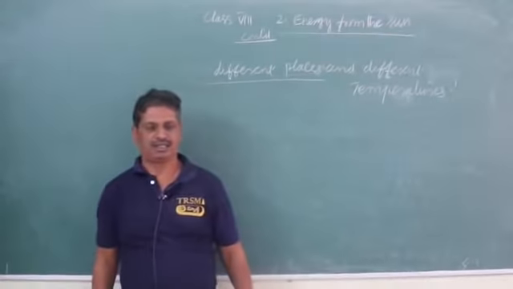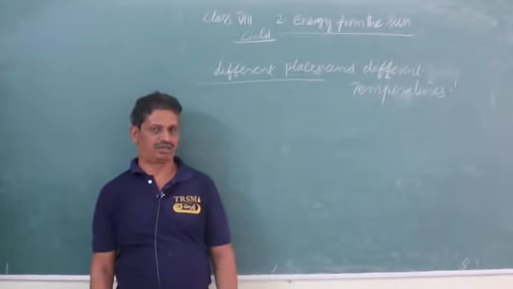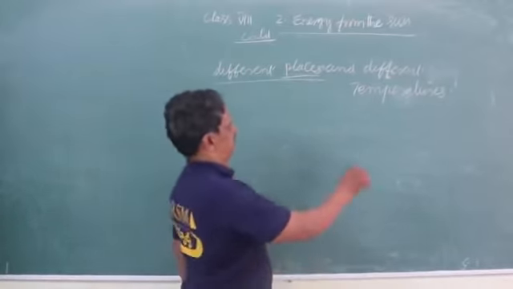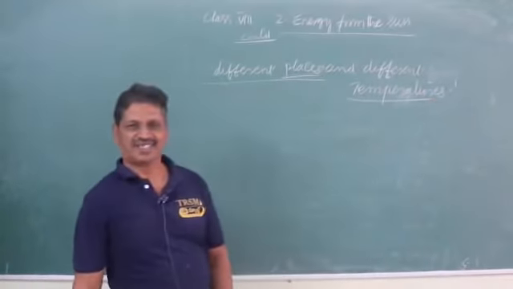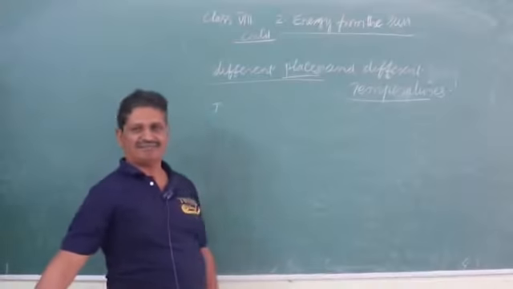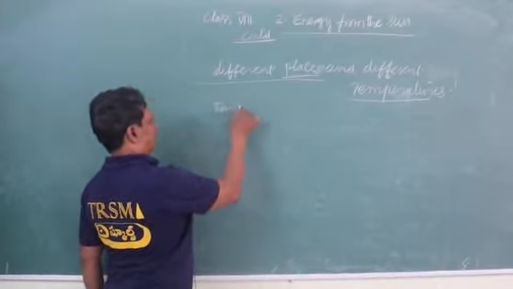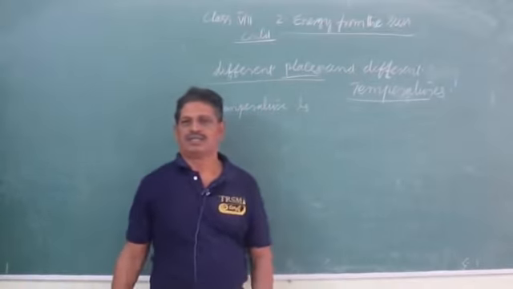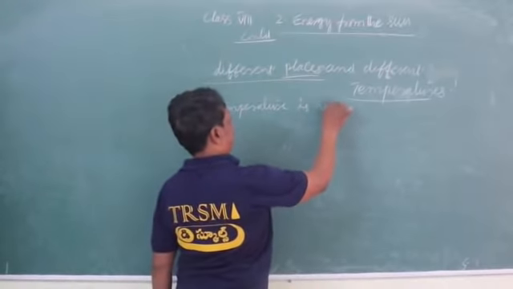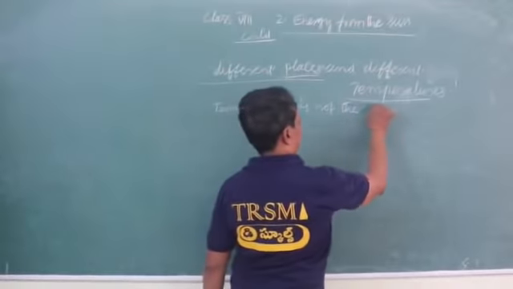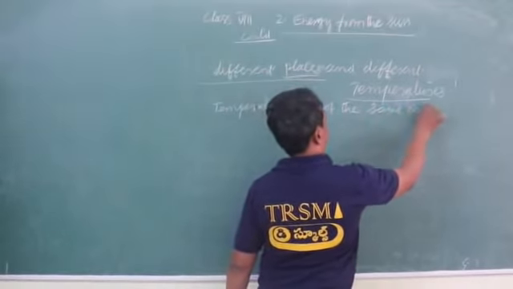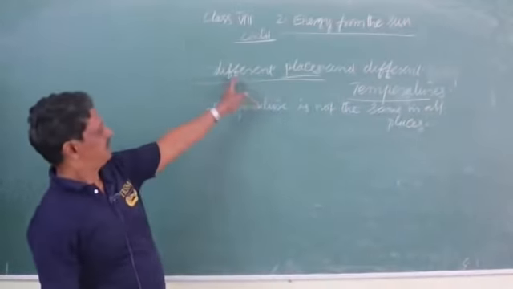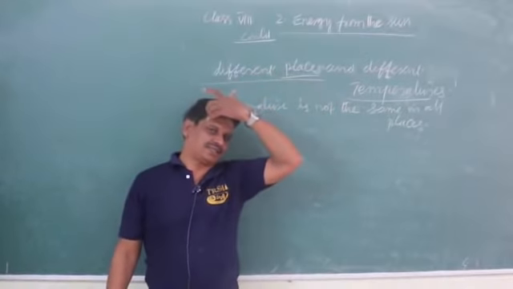I shall give a clear explanation. Here we have to find out different places, different temperatures. Why? Temperature is not the same in all places. That's why different places and different temperatures.